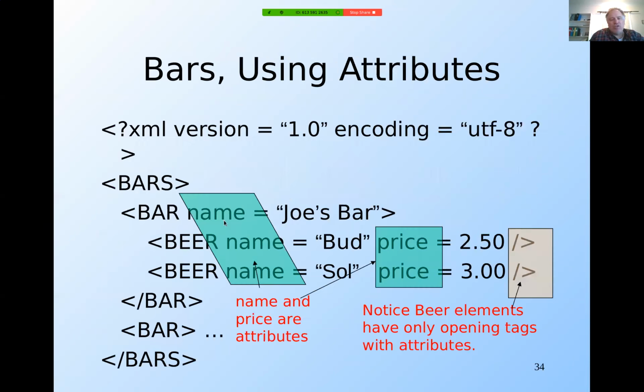Maybe it's a little more structured. You can say the bar's name is Joe's bar. There can only be one name of the bar, because attributes can't duplicate. You can't have name Joe's bar and then name Sally's bar, because name is already occupied in the tag. Likewise, price and this stuff right here.